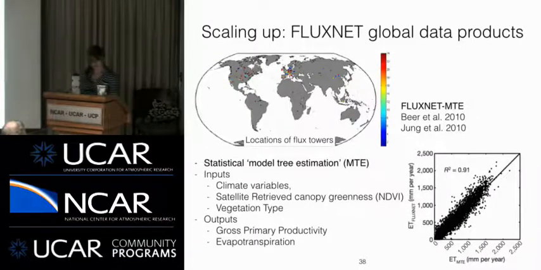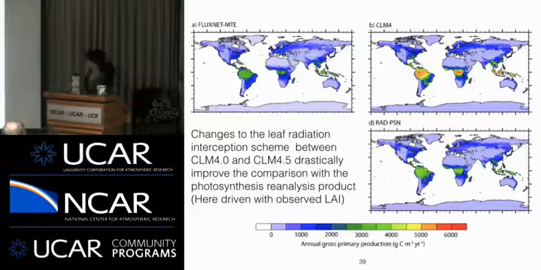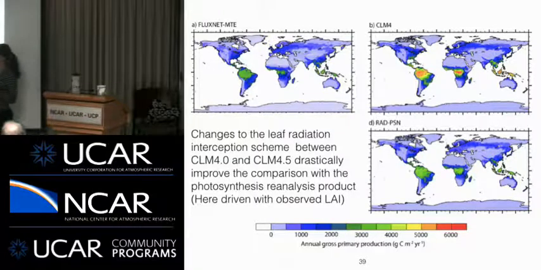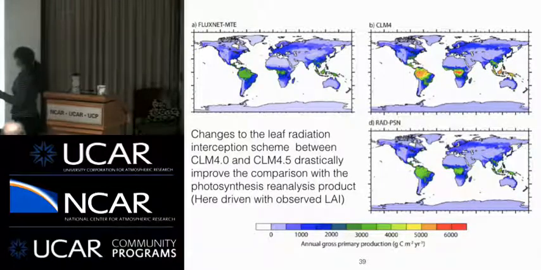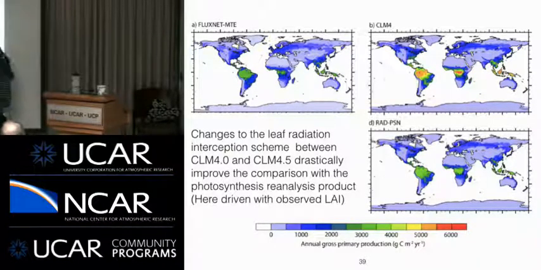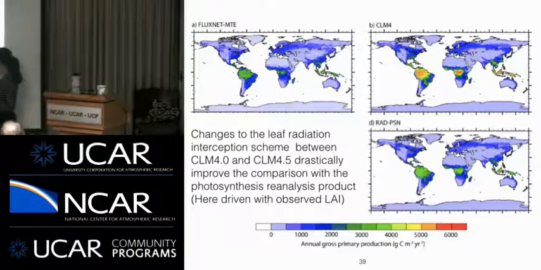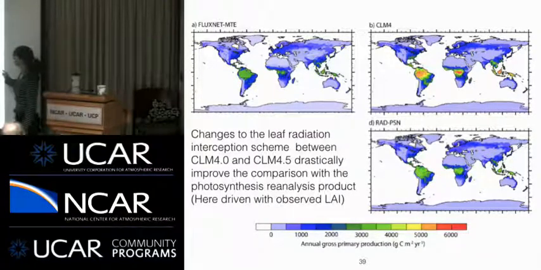So we end up with a global product of global photosynthetic fluxes across many years of integration. Before I talk about CLM-Ed, I should mention that this product was used recently by Gordon to improve the CLM-4 gross photosynthetic productivity, which, as you can see, also suffered from a very high bias in the tropics.